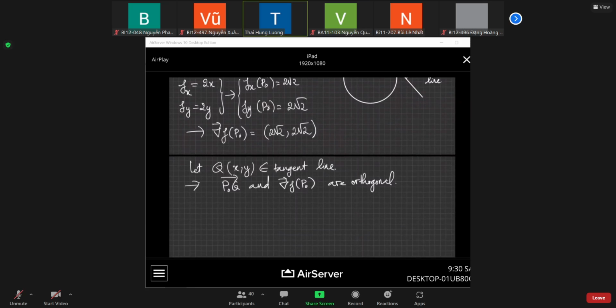The two vectors are orthogonal. That means we have this dot product equal to 0.